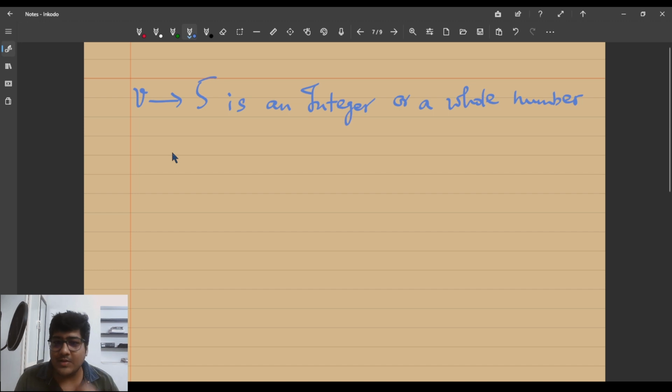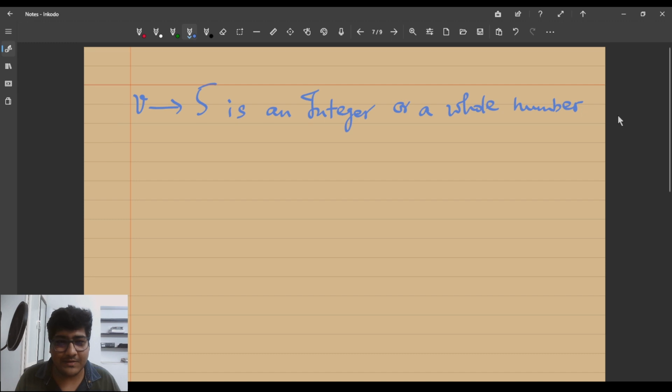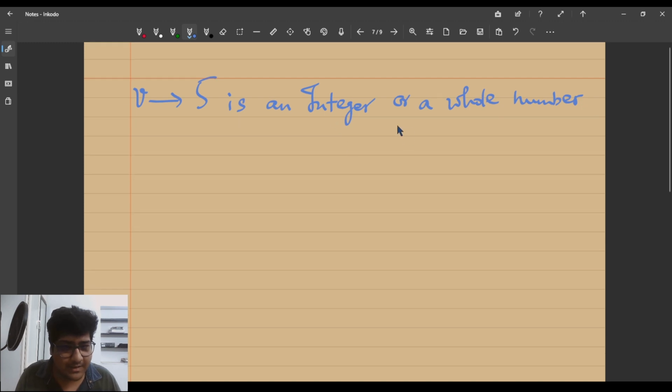Immediately we notice that there's something new going on with this sentence. I keep jumping ahead of everything. The sentence is actually made up of two sentences. It says that 5 is an integer, and the other sentence is 5 is a whole number.